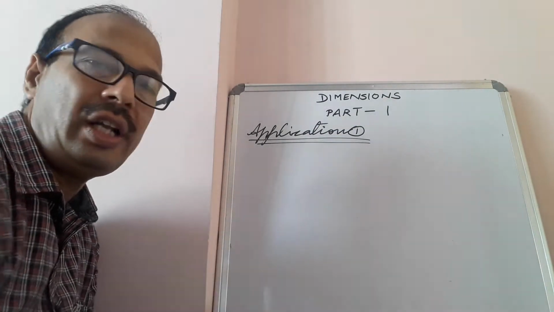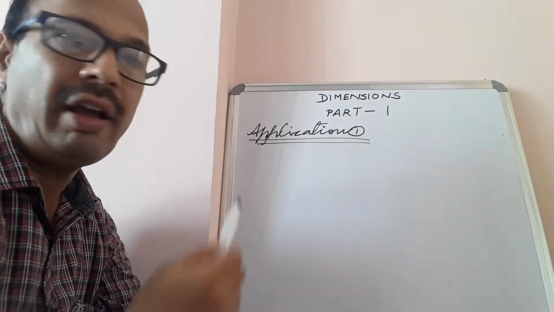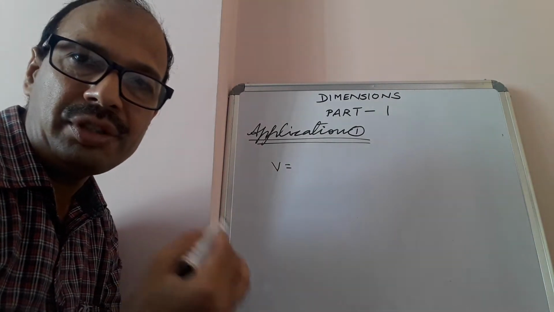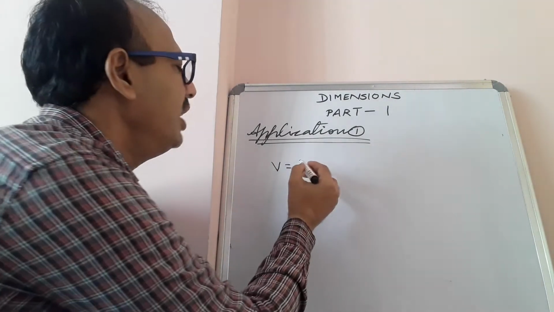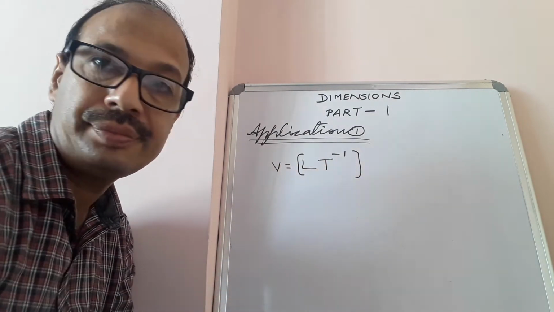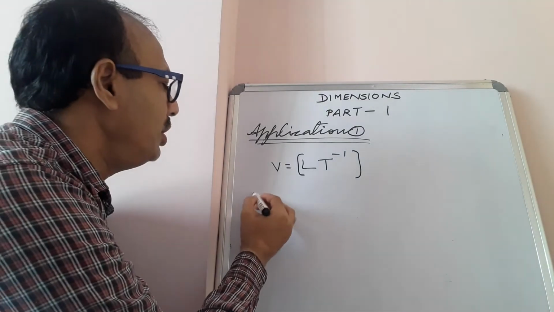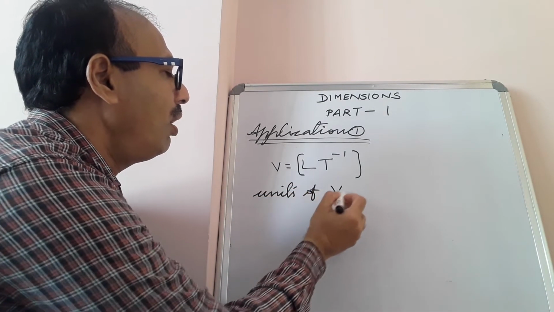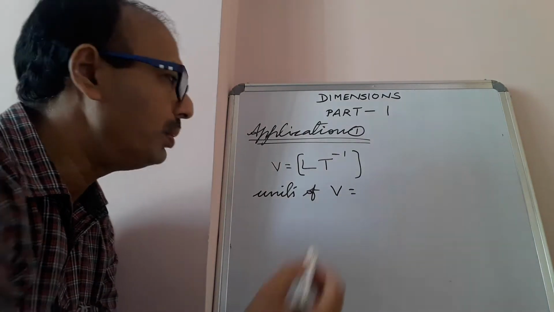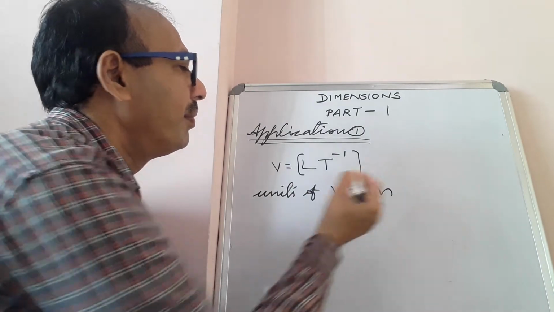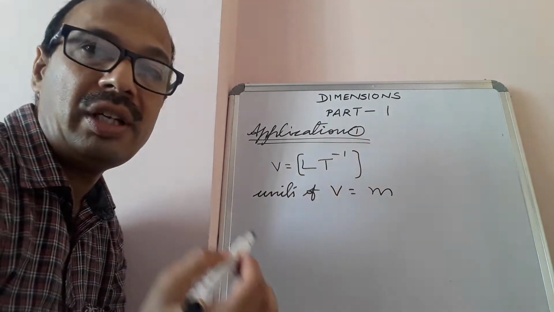For example, here you see velocity. And you know the dimensional formula of velocity is L t power minus 1. Now what will be the units of velocity? Units of velocity is equal to, units of length is meter, units of time is second.